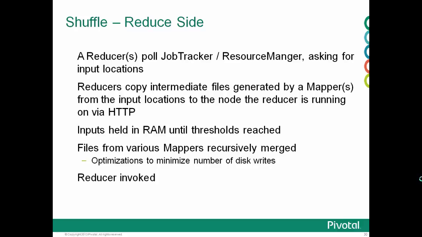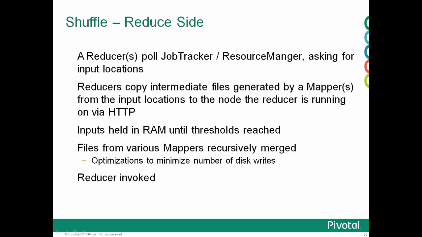The sort, shuffle, and merge activity that takes place on the reduce side consists of a reducer, or possibly multiple reducers, polling a job tracker or resource manager asking for input locations. Once the input locations for intermediate files are identified, the reducers copy those intermediate files that were generated by the mappers from whatever locations they're in to the node where the reducer is running via HTTP.